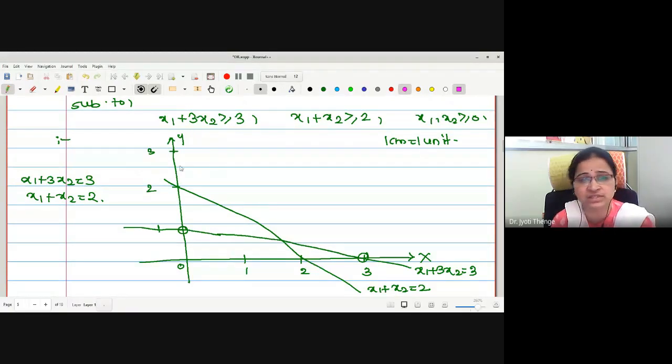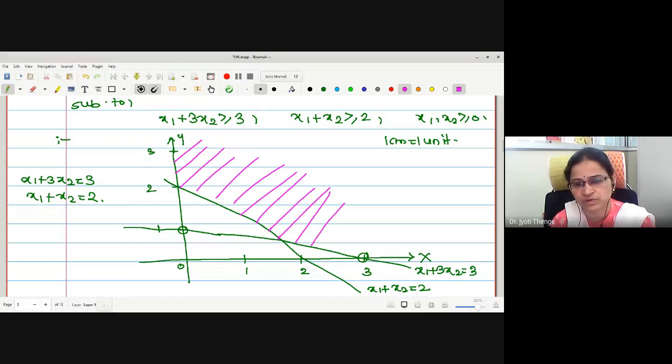Let me draw the region. This will be the region above both the lines.